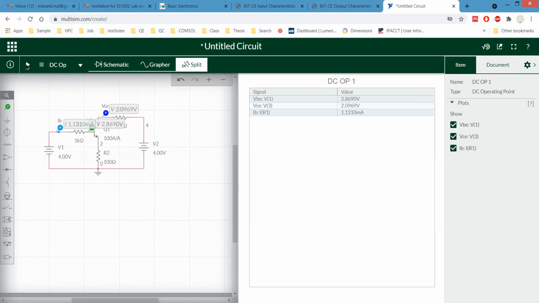It should not be, means in practice, IB should be in microamps. At most it can be a smaller value of milliamps, but it should not be a higher value of milliamps.